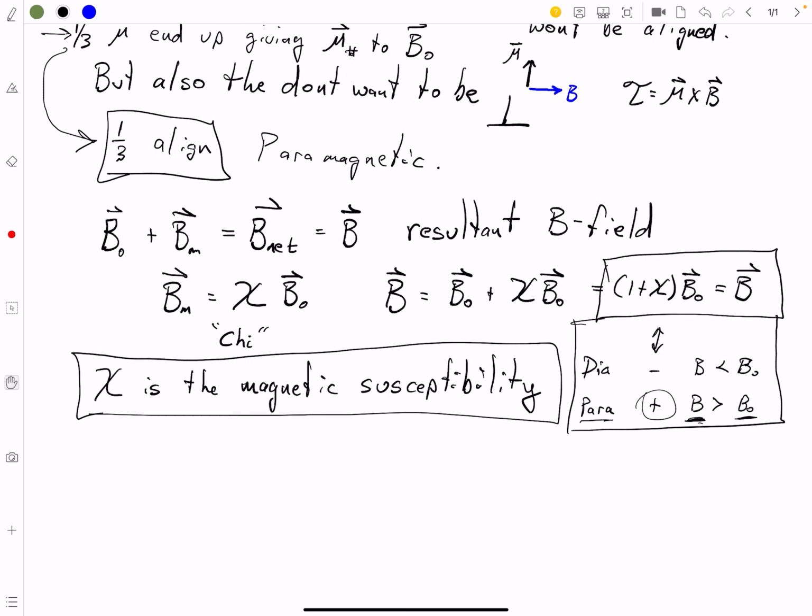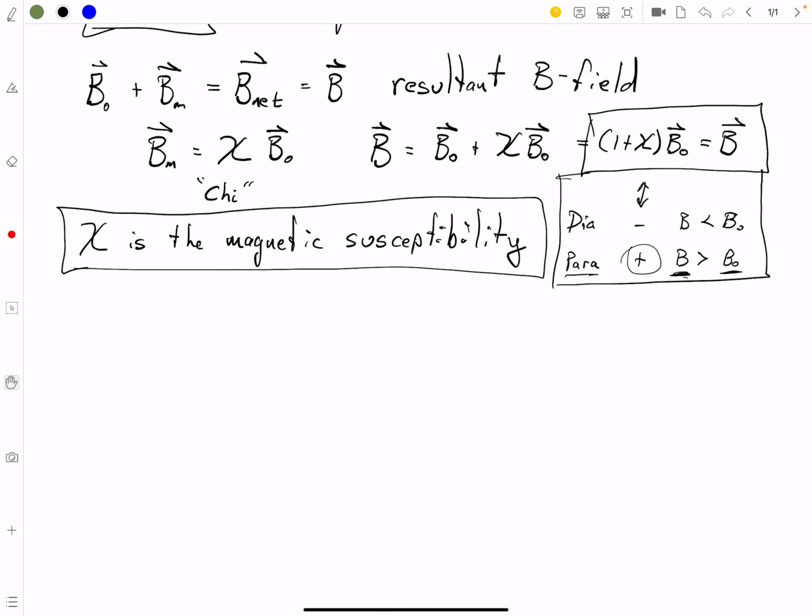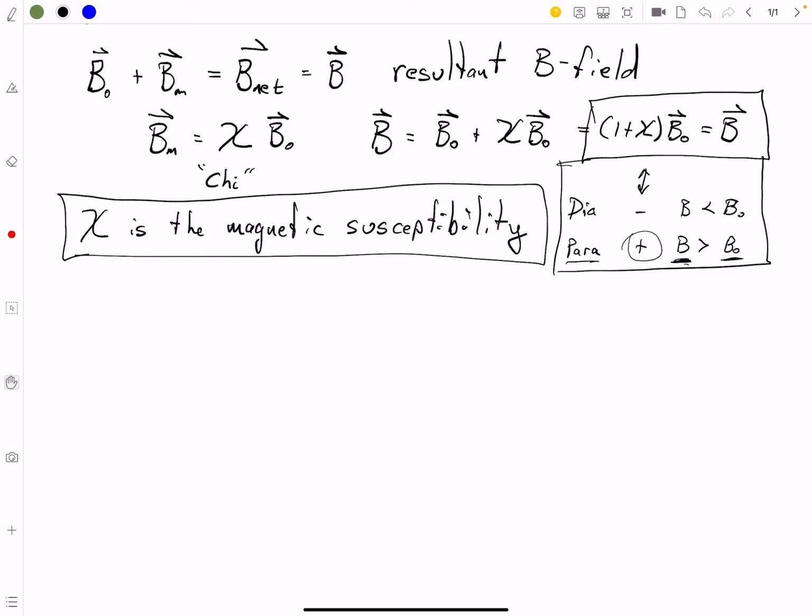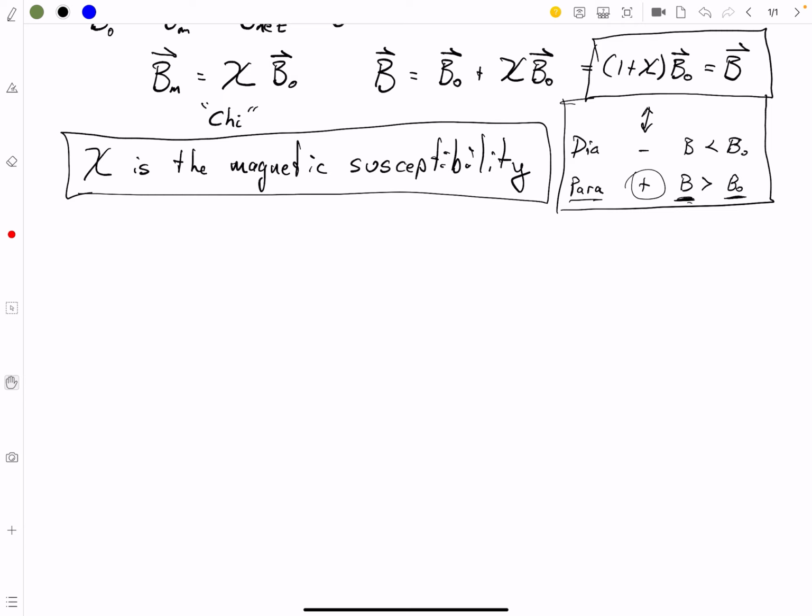So let's move up here a little bit. I got a note here about diamagnetic materials. Yeah, that's fine.